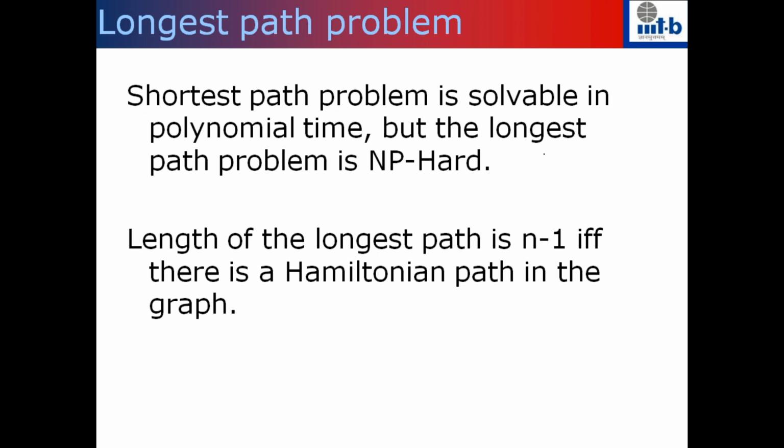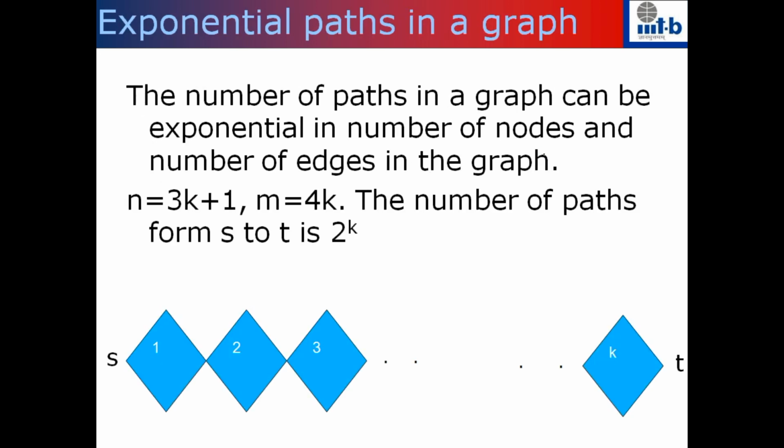So the first quick thing that we want to see is that you can't do a brute force kind of algorithm. So what's a brute force kind of algorithm? When you want to find a shortest path between S and T, you find all the paths from S to T. If the number of paths from S to T happens to be polynomial, then what I could do is enumerate all the paths from S to T, find the weight of individual paths and keep track of the minimum and maximum.